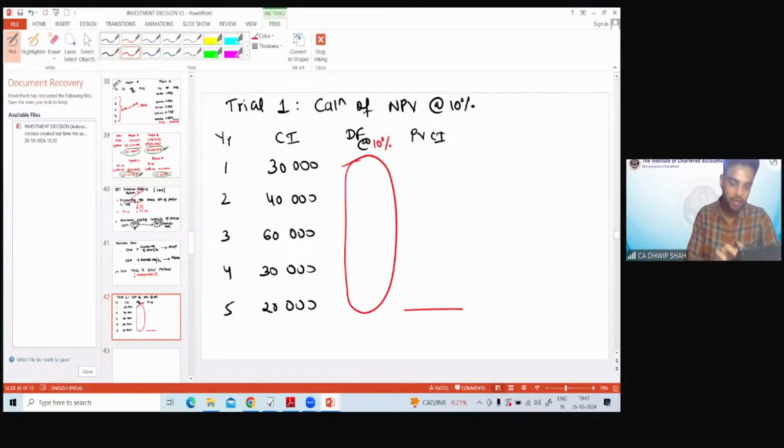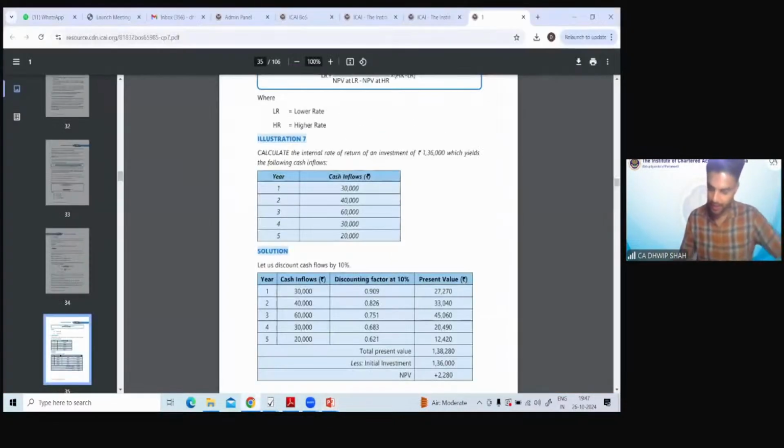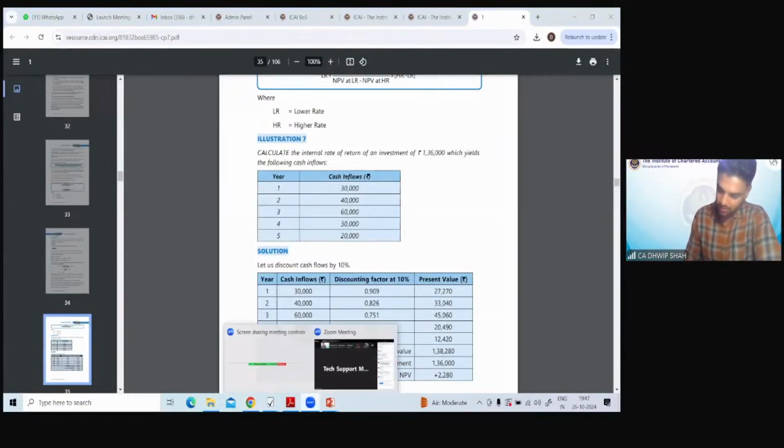30,000 divided by 1.1, plus 40,000 divided by 1.1 twice, plus 60,000 divided by 1.1 three times, plus 30,000 divided by 1.1 four times, plus 20,000 divided by 1.1 five times, equals 138,318.